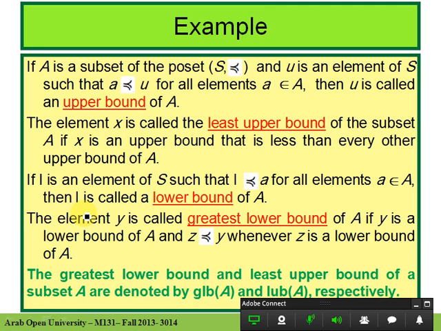The next is talking about the upper bound and the least upper bound, the lower bound and the greatest lower bound.